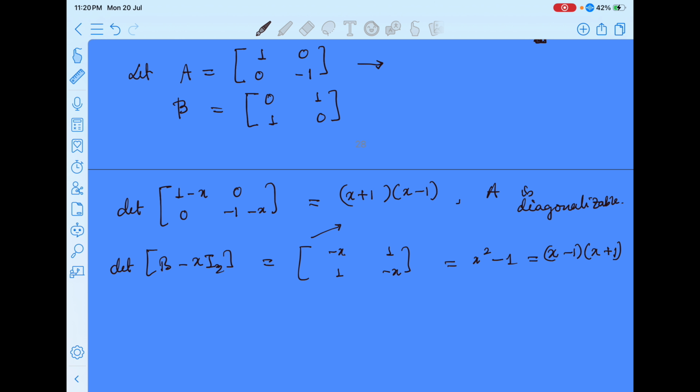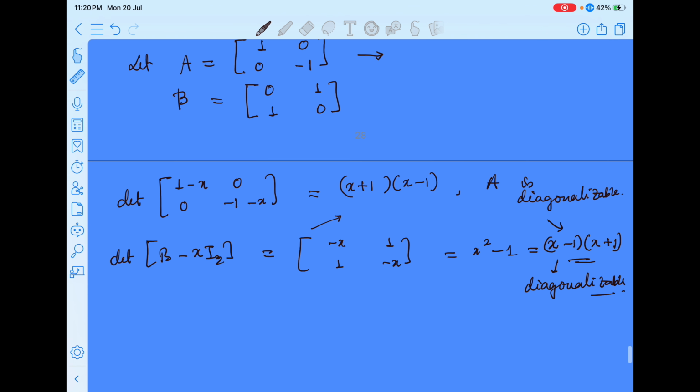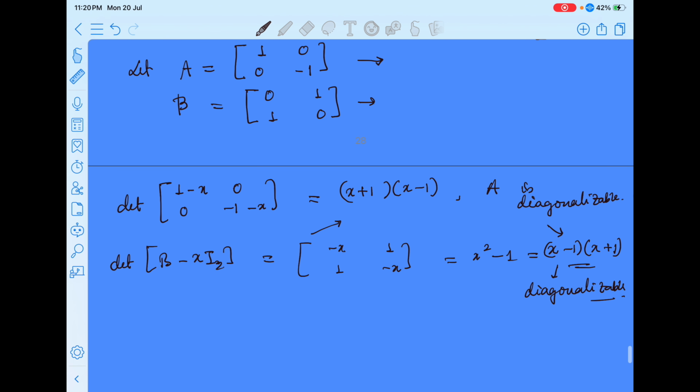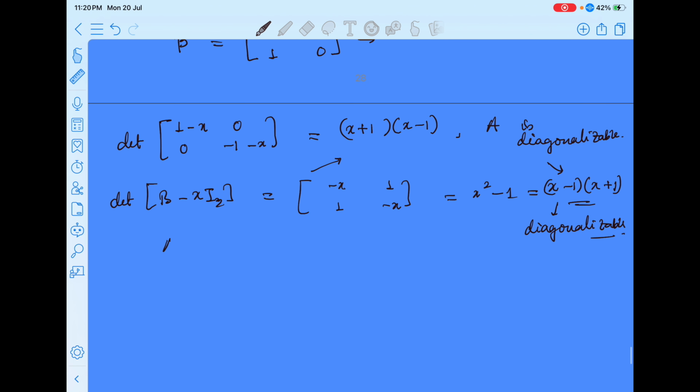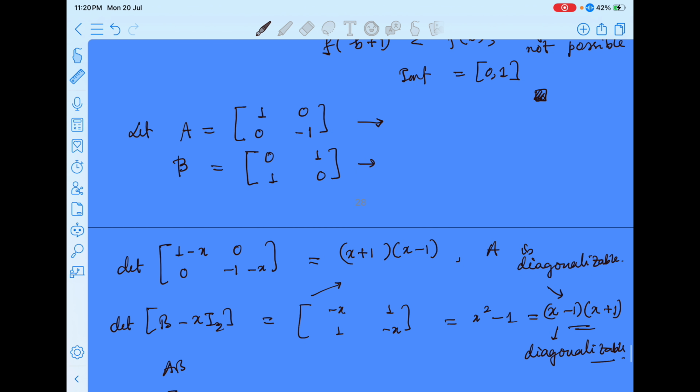Again, this is diagonalizable because the minimal polynomial divides (x-1)(x+1), and in this case the minimal polynomial is exactly (x-1)(x+1), and this has distinct factors. So B is also diagonalizable. These are endomorphisms over R, so we are considering M2(R).